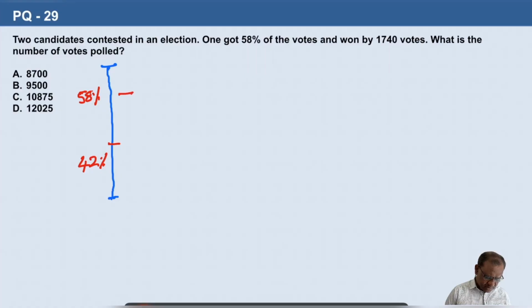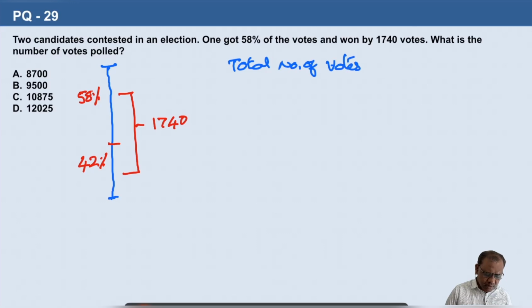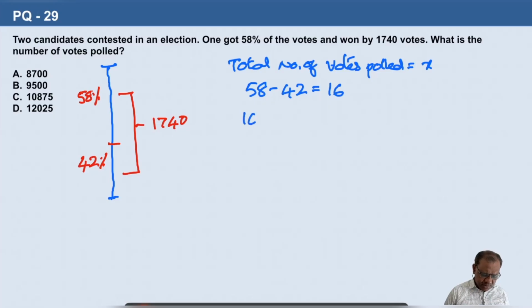We assume the total number of votes polled as X. The difference between 58% and 42%: 58 minus 42 is 16. 16% of the total number of votes is 1740.